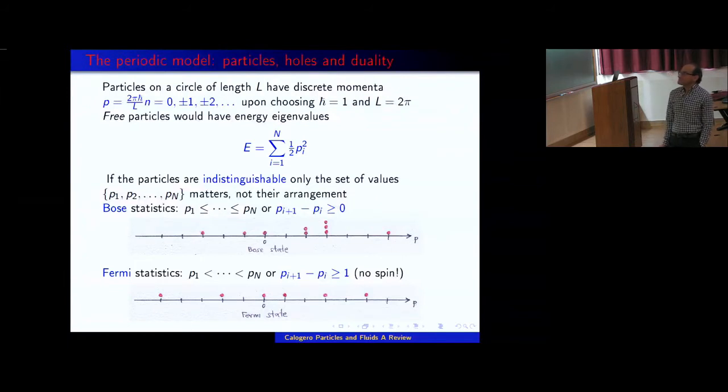And if the particles were indistinguishable, then you can put as many of these in the same momentum if they are bosons, or if they are fermions, of course, you have to distribute them at different states. We are always talking about spinless fermions, non-relativistic spinless fermions in one dimension. So that's what you would have for free bosons and free fermions.